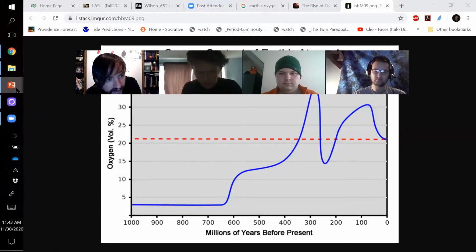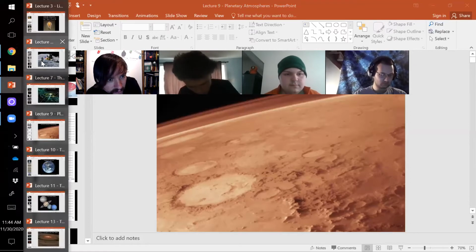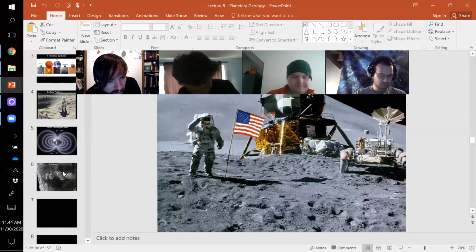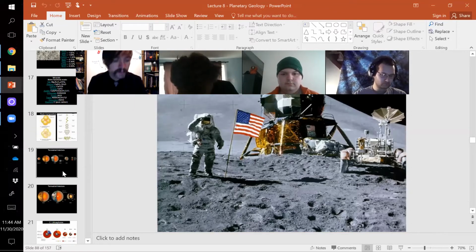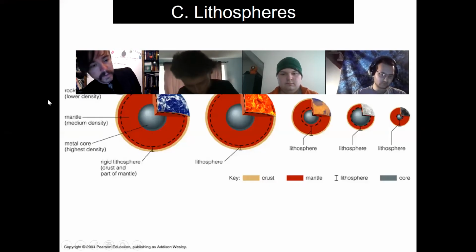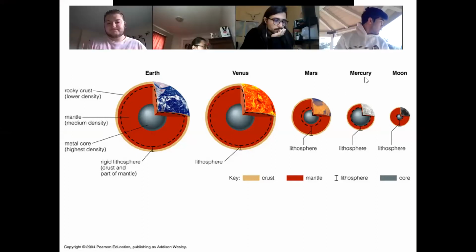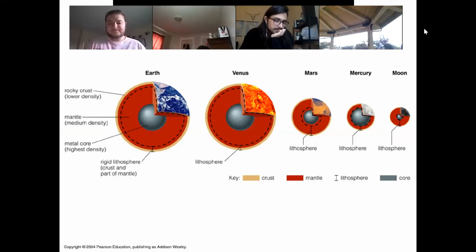Maybe you need a slide to jog your memory here. How does the internal heat affect a planet? How do we measure the internal heat of planets? Which of these planets have internal heat and which do not?